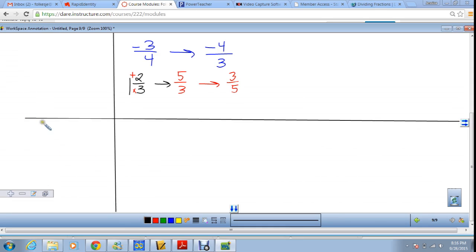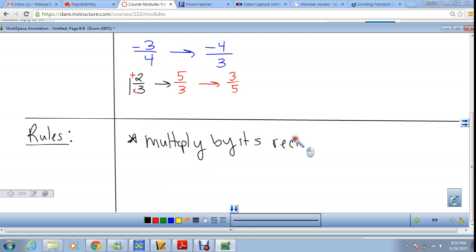Okay, next thing, rules for dividing your fractions. When you divide fractions, you are really going to multiply by its reciprocal. Another word for a reciprocal is the multiplicative inverse.